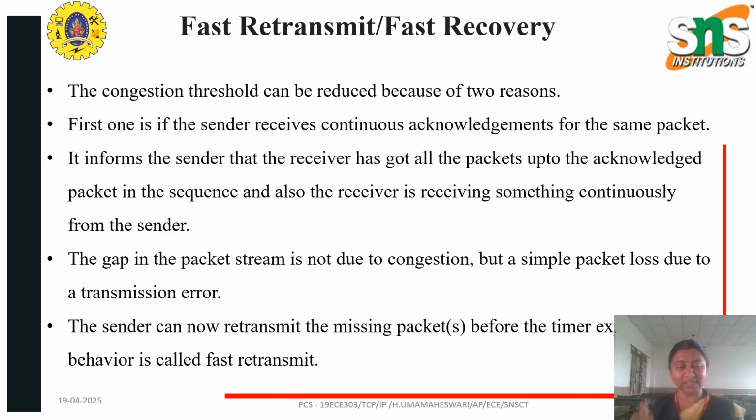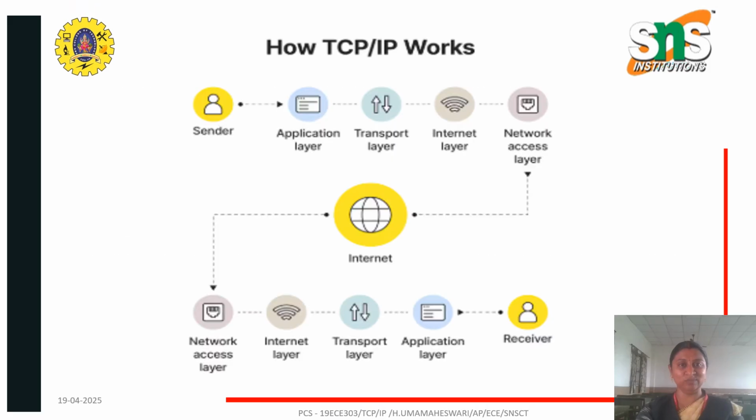The first is if the sender receives continuous acknowledgements for the same packet. The next is a gap in the packet stream that is not due to congestion but a simple packet loss due to a transmission error. The sender can then retransmit the missing packets before the timer expires, and this behavior is called fast retransmit.